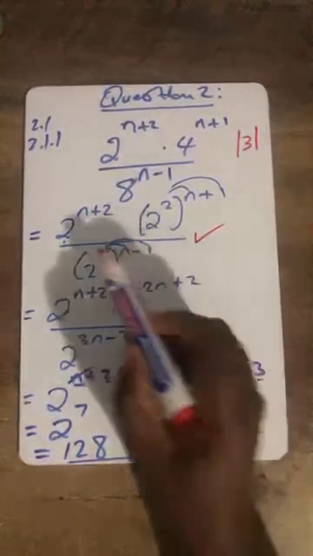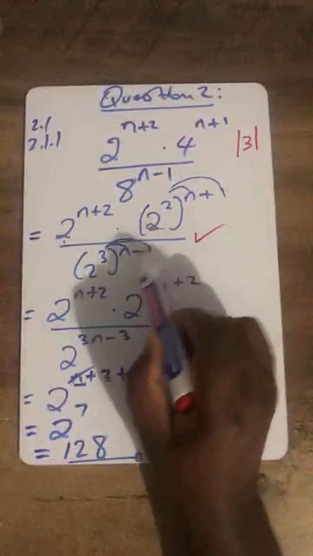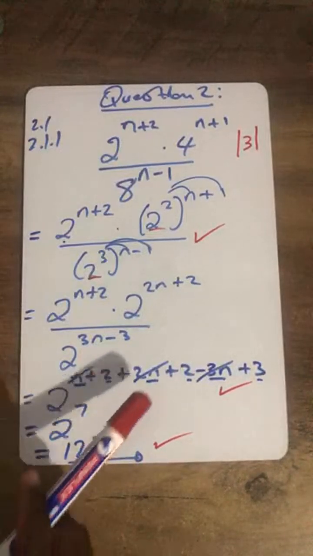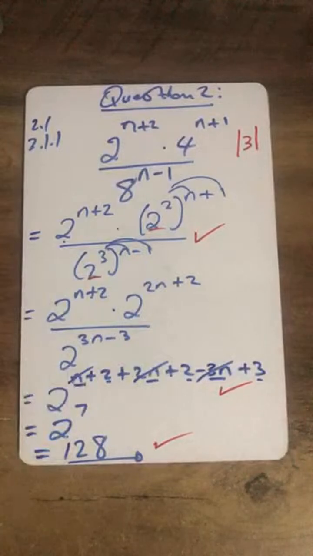So that means for you to write those in those bases, you give yourself a mark by writing them as the prime bases. And then for applying the laws of exponents, you give yourself a mark, and then for the final answer, you give yourself a mark. Then that's how you score yourself 3 marks for a fair question.